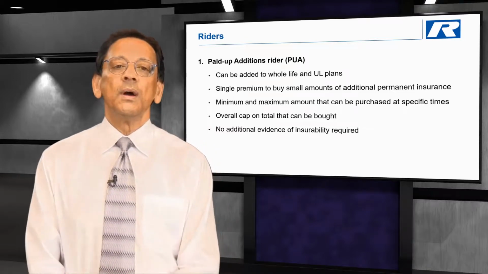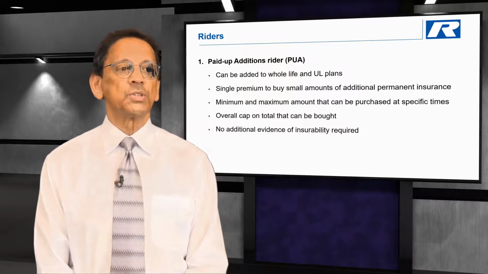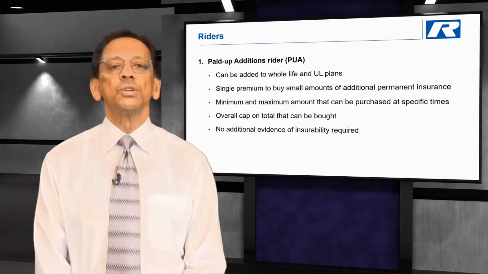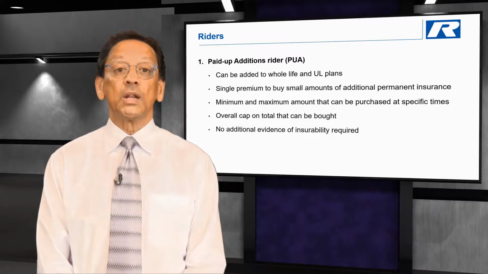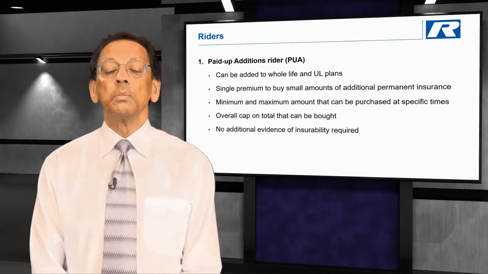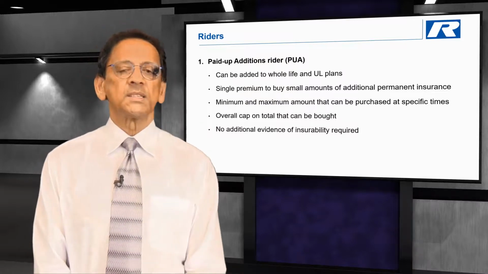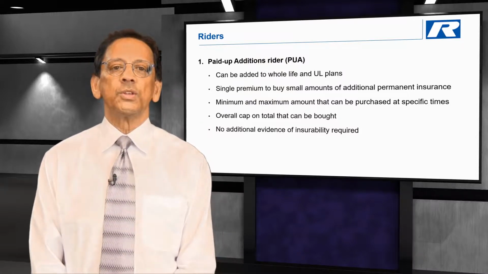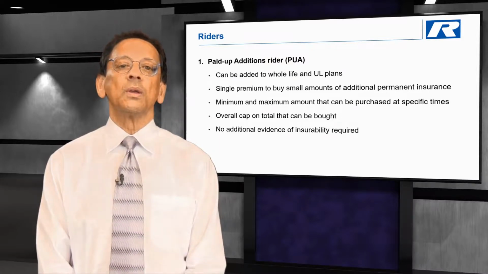This rider offers you the ability to actually buy additional paid up additional insurance, and you would be paying for that out of your own pocket. You wouldn't be paying for that because of a dividend that you would have received. So it's similar to the paid up additions option that you get with a dividend option under participating whole life.